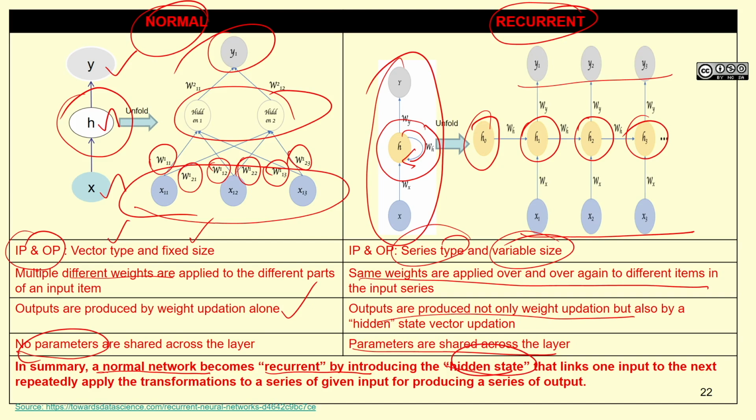We are introducing the state, that means we are introducing the loop, which links one input to the next repeatedly by applying a transformation to a series of given inputs for producing a series of outputs. So, it is sequential input data and it is producing sequential output. That is the fundamental difference between the normal and the recurrent neural network.